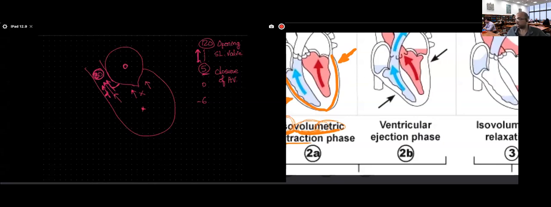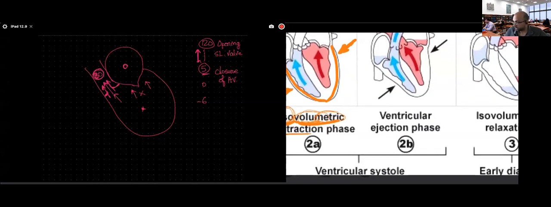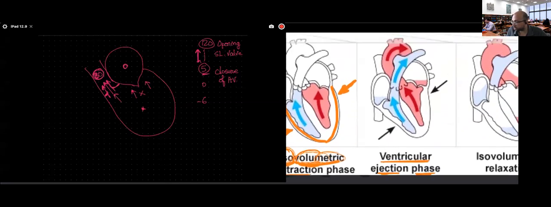So blood ejection here is going to be the second phase of the ventricular contraction. First we've got the isovolumetric contraction phase, and then it's followed by the ventricular ejection phase, in which I was capable to open the semilunar valves and eject the blood out.